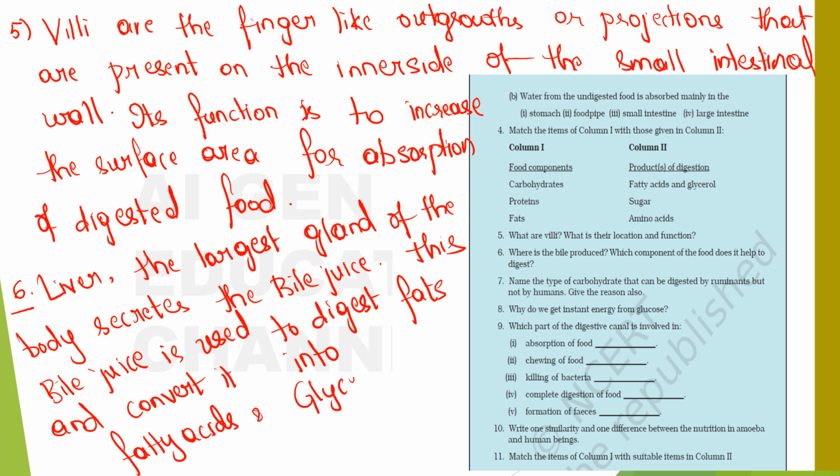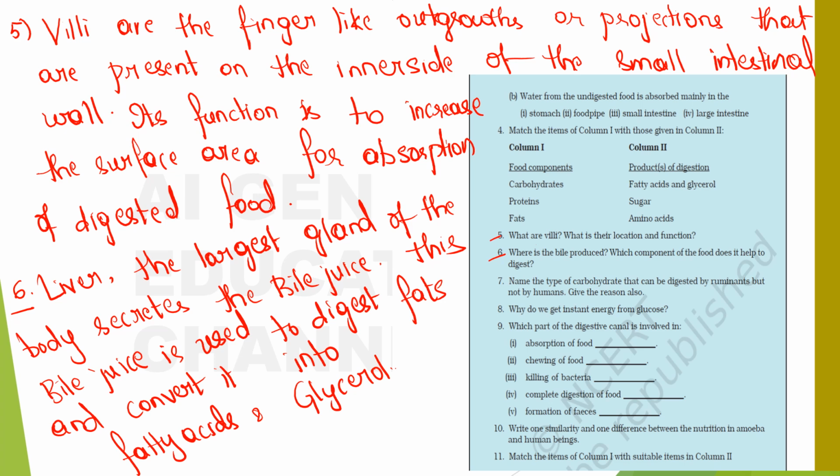So you can choose to end the answer here too, right? Bile juice is used to digest fats. You can even put a full stop here and end it. But if you want a better answer, then you can choose to include this part too, right? So we are done with sixth too. Fifth done, sixth done. Then seventh.